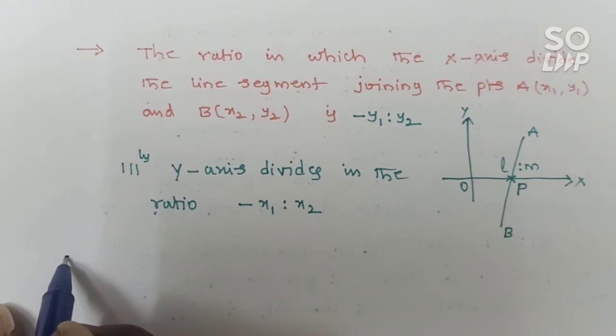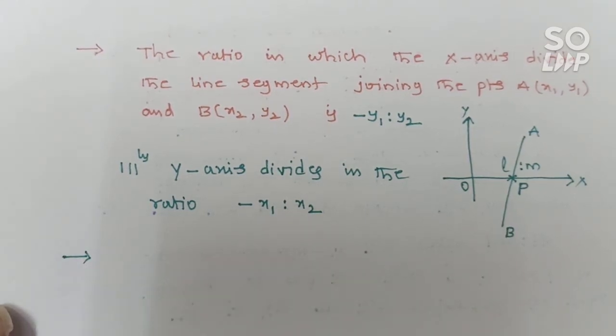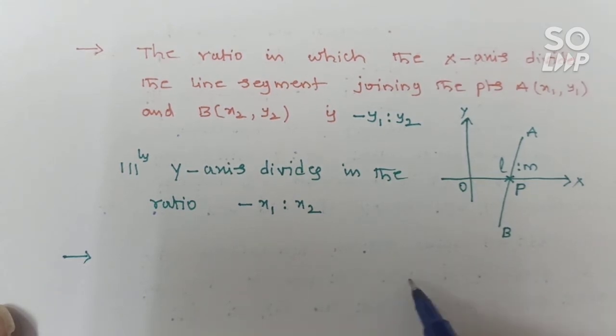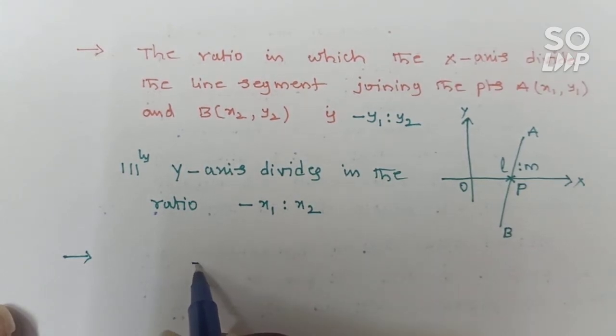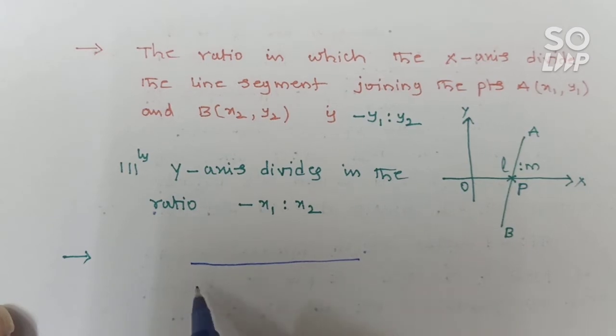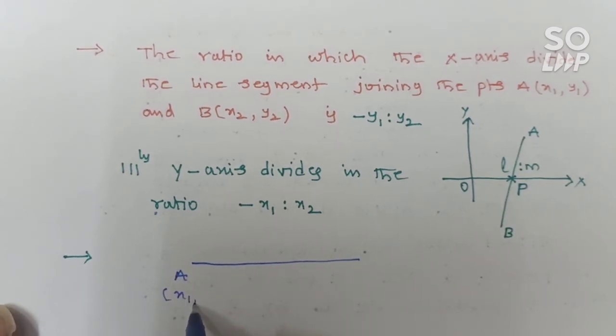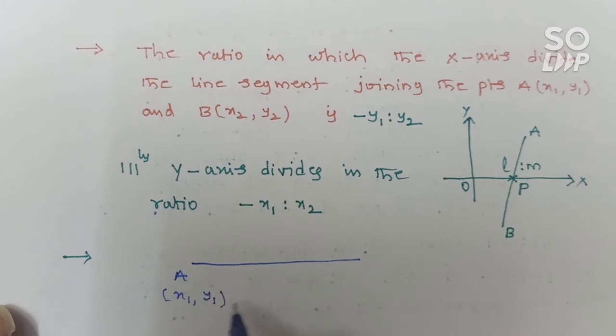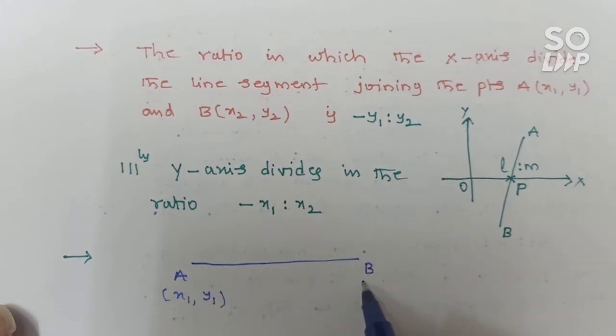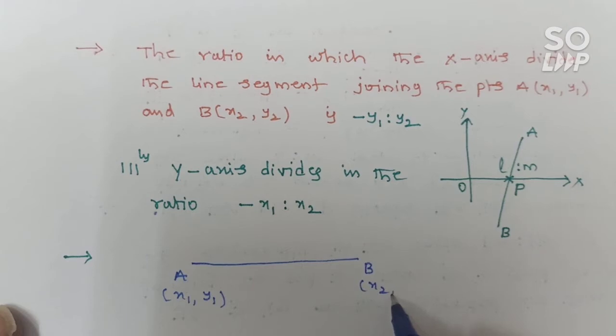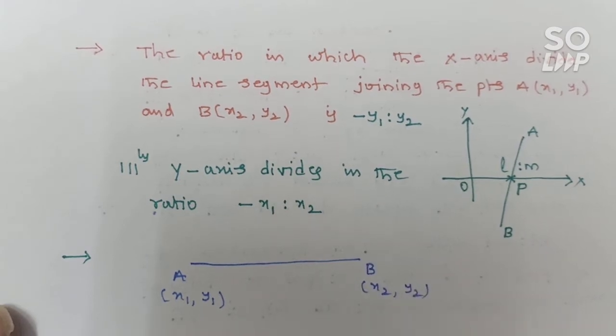Now see the next concept. Suppose you take the line segment A equals x1, y1 and B equals x2, y2, right?